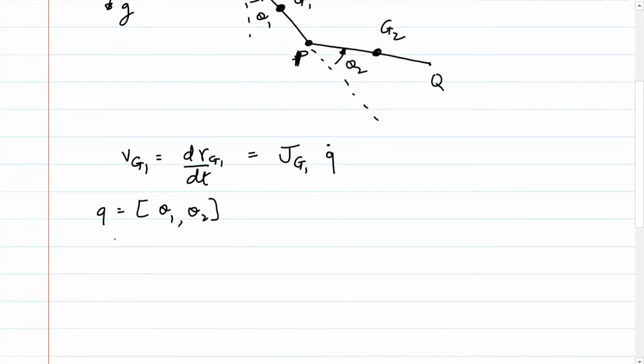And then to find the Jacobian, we need to find the position of G1. In this case, you could use the fancy translation rotation formula I wrote down, or you can just do that by inspection.